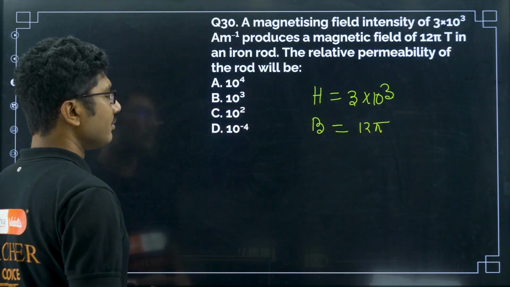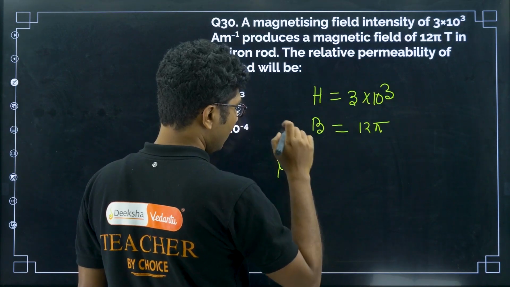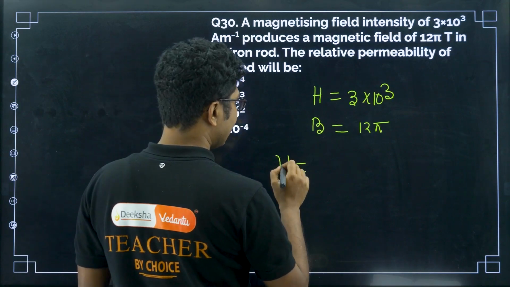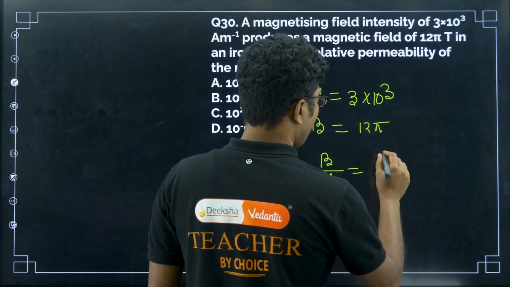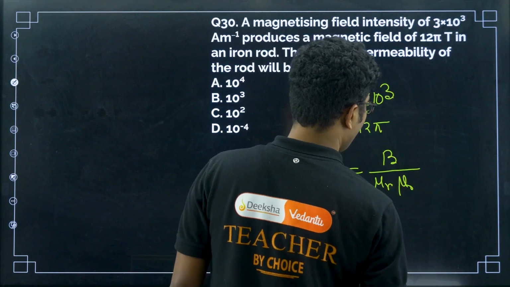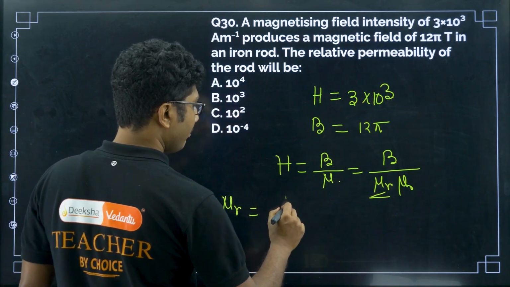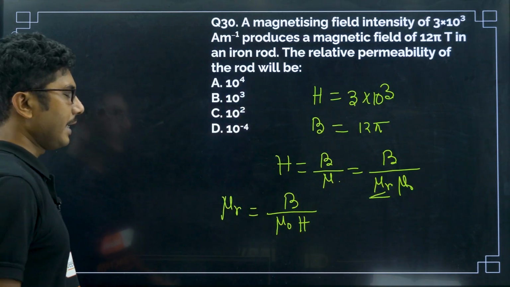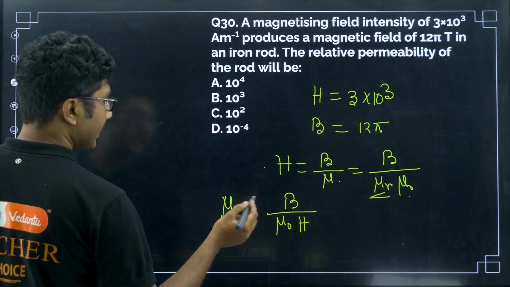Let me start with the basics. H is equal to B by mu. Now mu is basically mu r mu naught. They have asked you to find mu r. So mu r will be B by mu naught H, right? You take this down, take this up, just exchange, student exchange program.